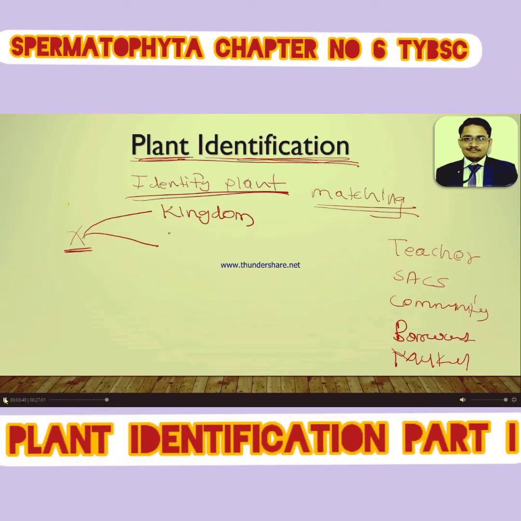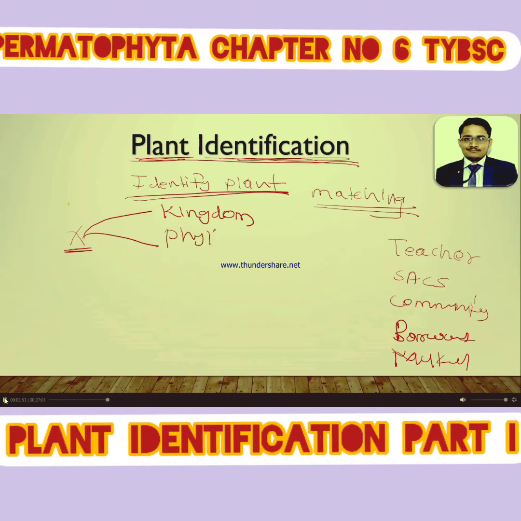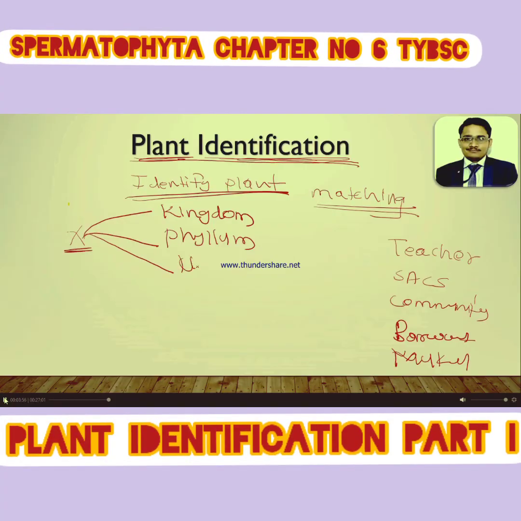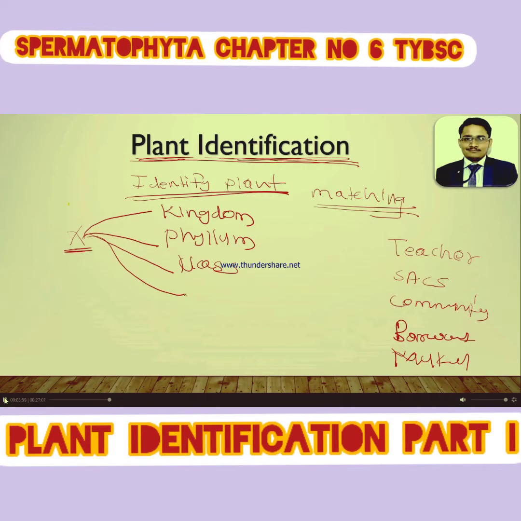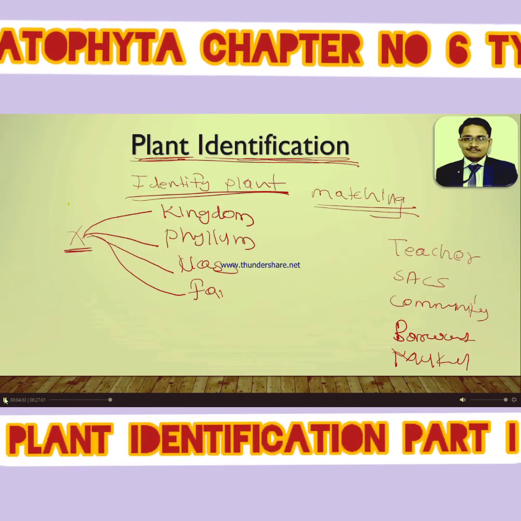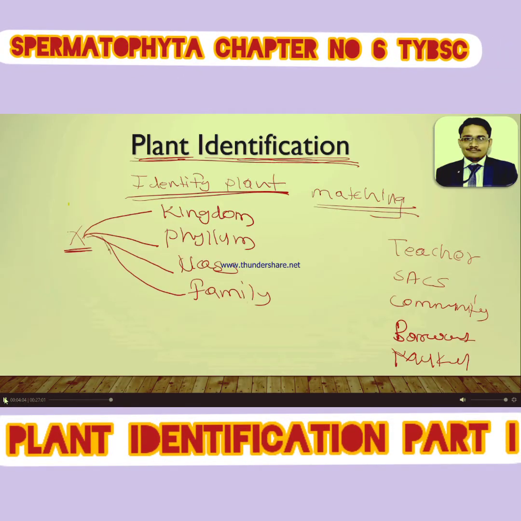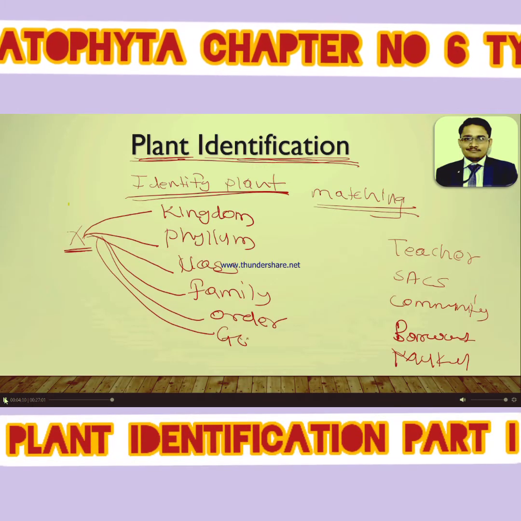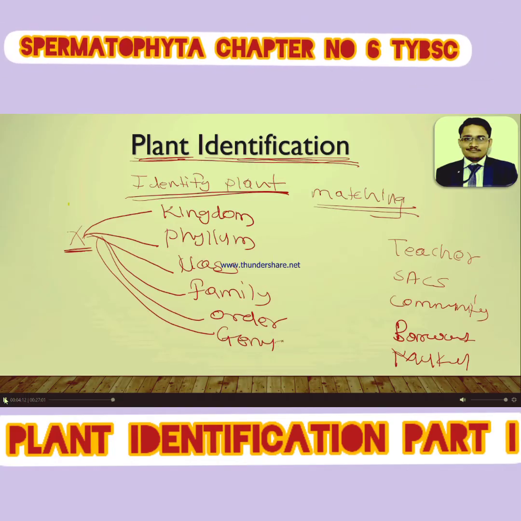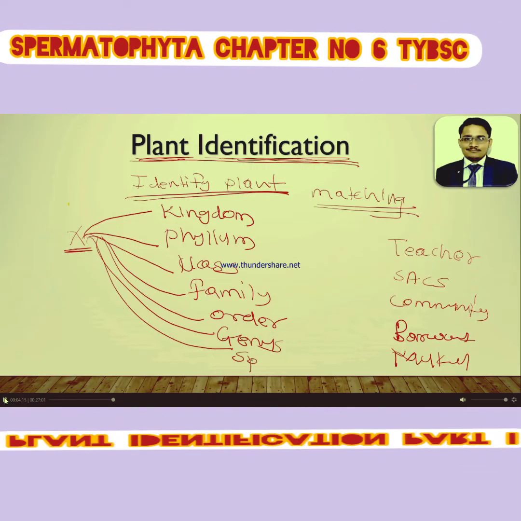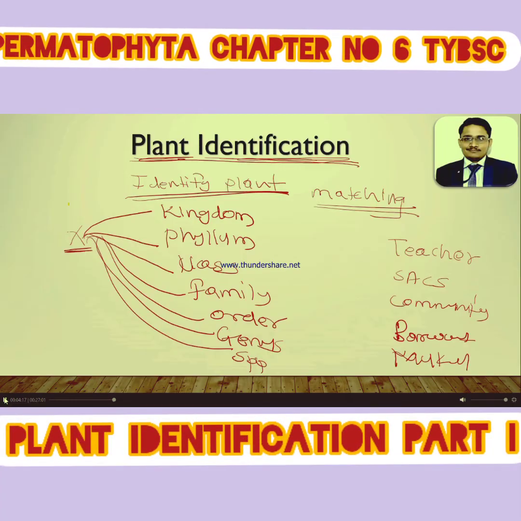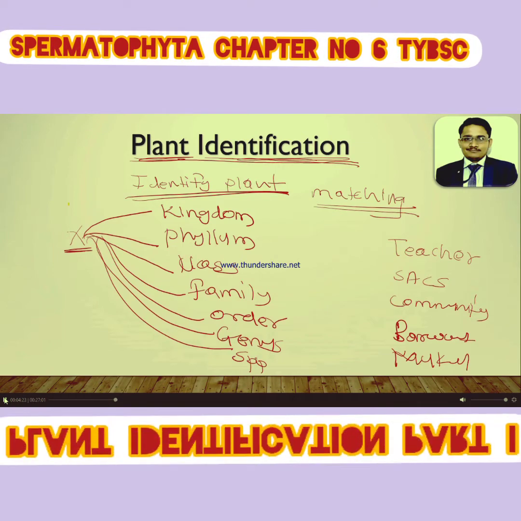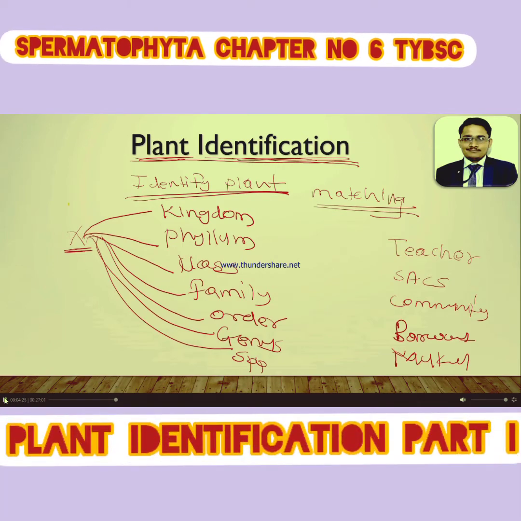Then we identify its phylum, its class, its family, order, genus, and the species. Those are the basic criteria of identification. I have told just one example of myself, of how I am identified.